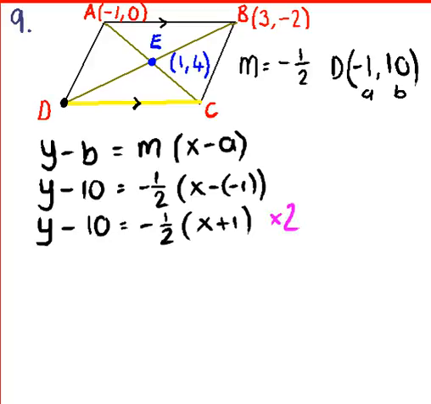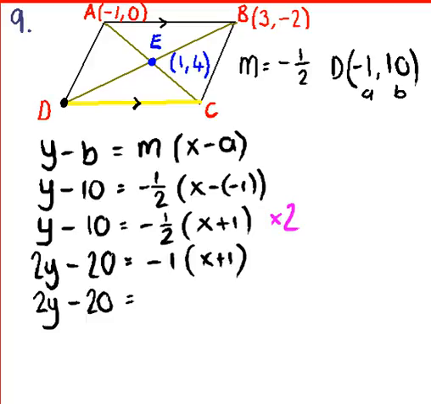So multiplying everything by 2, that gives us 2y minus 20 equals minus 1, and our x plus 1 in the brackets. So our 2y minus 20 stays as it is for the minute. Minus 1 times the bracket is minus x and minus 1.